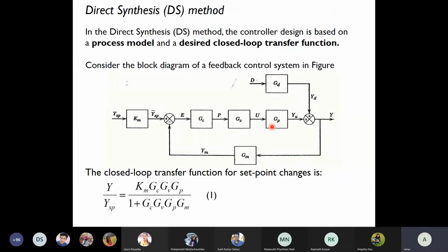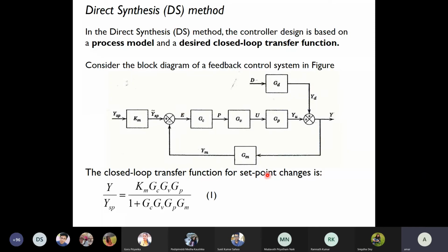So let us start with the direct synthesis approach. If we look at the closed loop feedback control block diagram for a particular process, from this diagram we can have a closed loop transfer function for the set point changes.